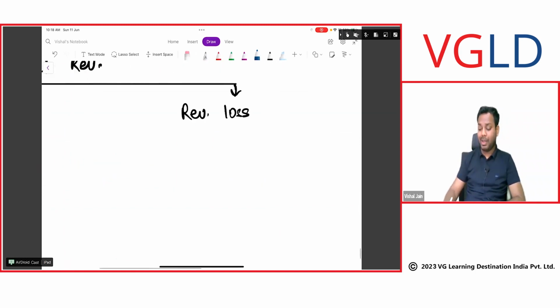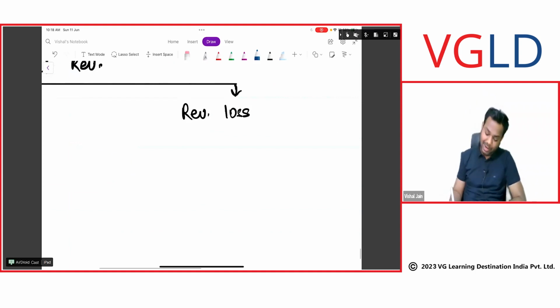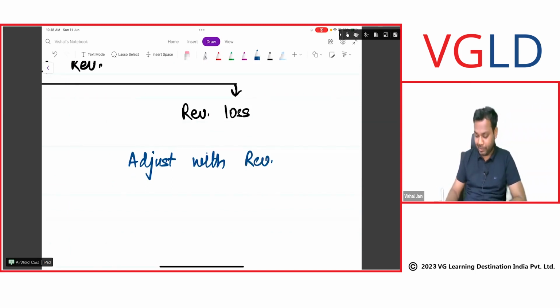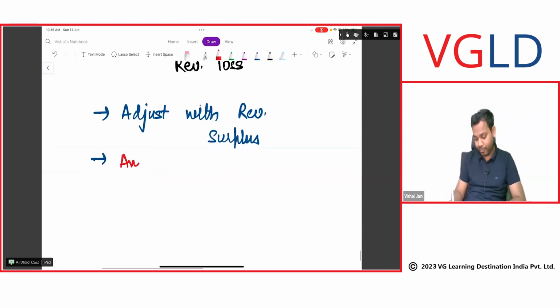But if subsequently I have a revaluation loss, what will I do? I will adjust it with the revaluation surplus. But any excess loss is recognized in P&L.